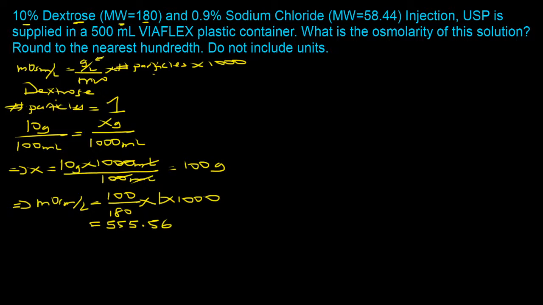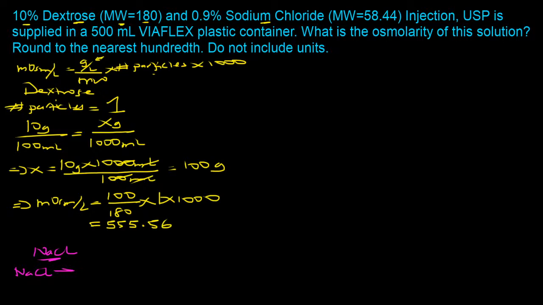But we don't stop here, because we have sodium chloride also present in this solution. So we need to figure out or determine what the osmolarity is for sodium chloride as well. So we have NaCl, and the number of particles here will be slightly different.